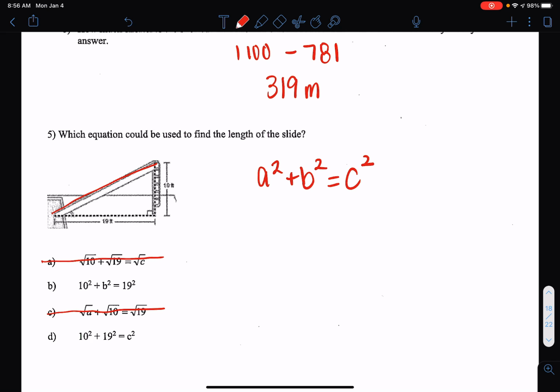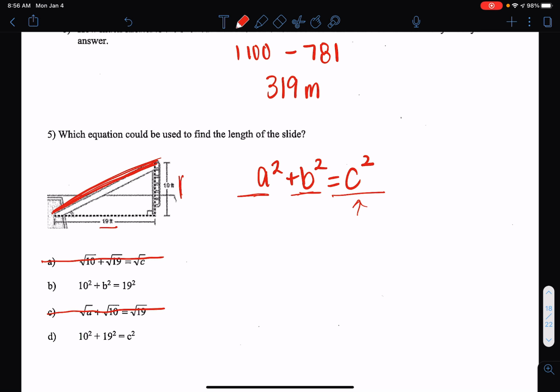length, okay? That leaves us only with b and d, okay? Now I have 10 squared plus b squared is equal to 19 squared for b. And then for d, I have 10 squared plus 19 squared is equal to c squared. Okay, now if we're trying to find out our hypotenuse, remember that's always represented by c. Okay, so we don't have a measurement for c, but we have measurements for both of those legs, meaning we are going to fill in a and b to figure out what c is going to equal.